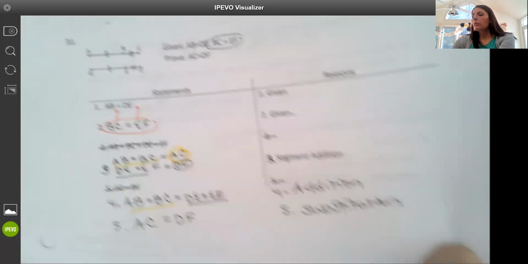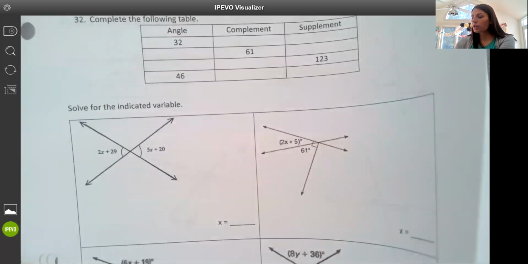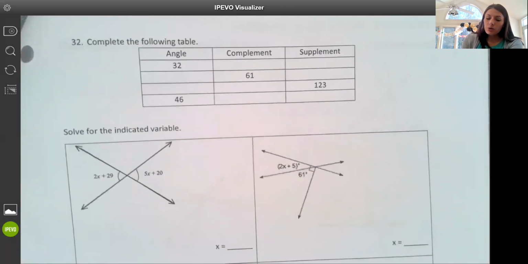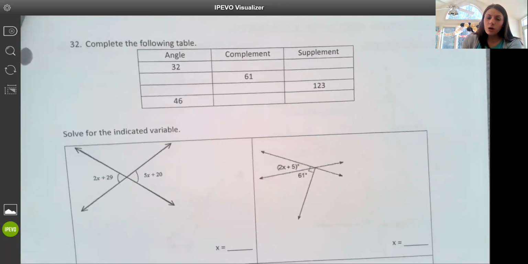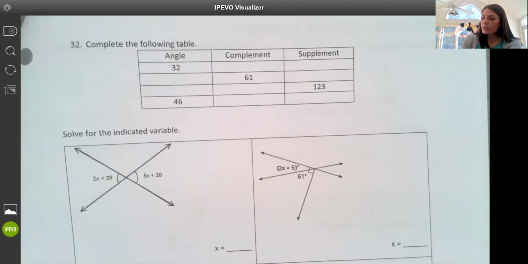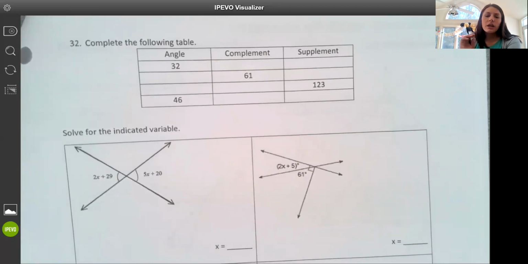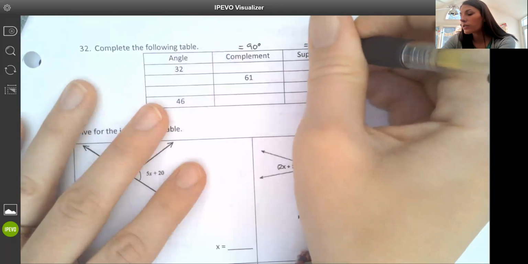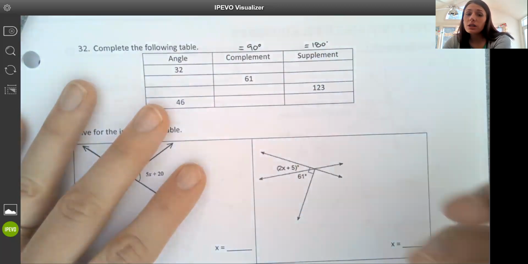Okay. Then our last page here, I know this is a long review, goes to our notes number 8, our angle properties. So first, we have a table. So angle, complement, and supplement, where we know the complement equals 90 degrees with our angle and our supplement equals 180 degrees.